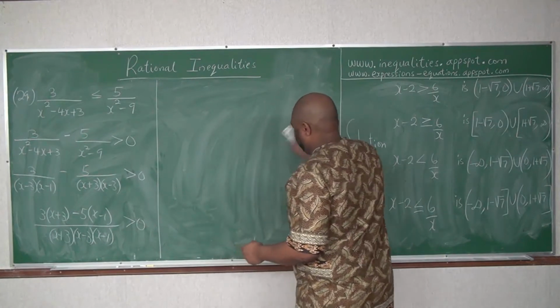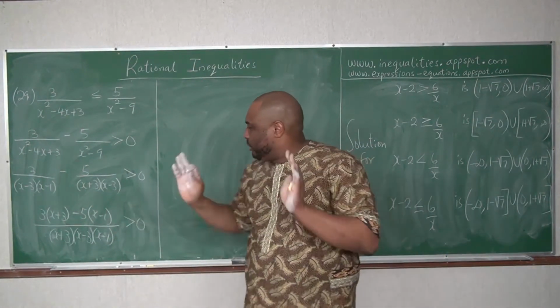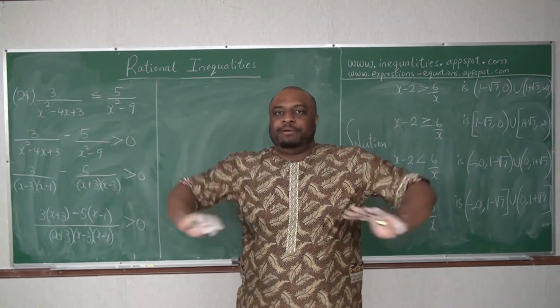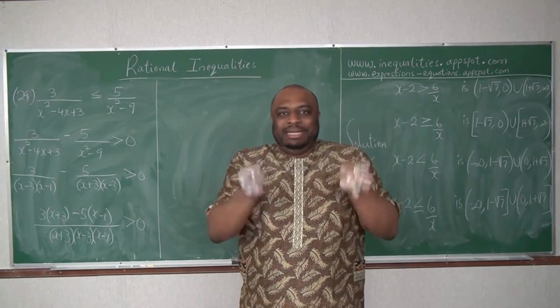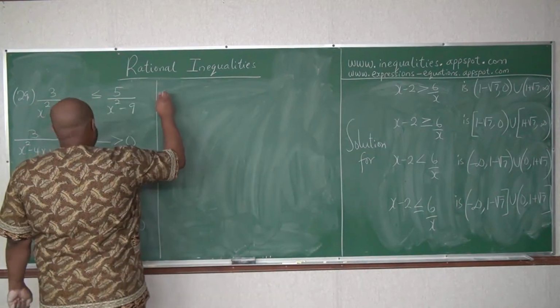Alright, so let's keep on. Now we need to, I know 0 is on the right hand side by itself. However, we need to get one term on the left hand side. So we simplify the numerator, we distribute.